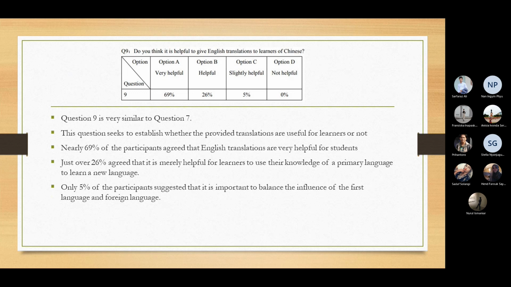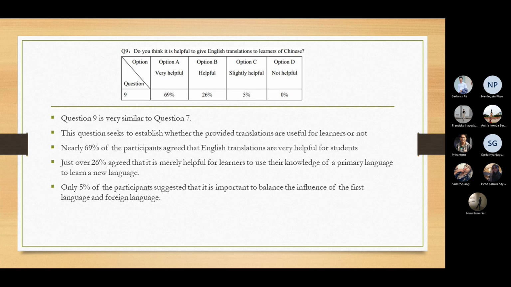This question seeks to establish whether the provided translations are useful for the learners or not. So if they are teaching in Chinese, they are giving different types of notes to their students, whether they are helpful to the students or not, whether they are understanding or capturing things clearly or not. So this question is asked with this thinking.